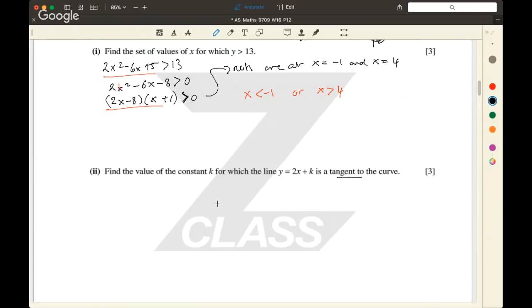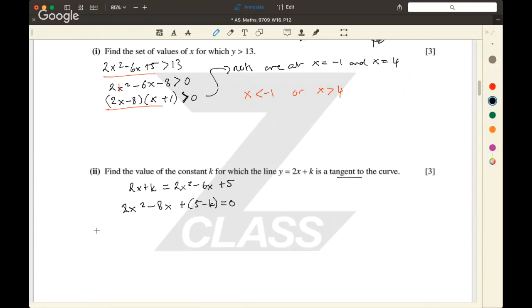So how do we solve for the crossings of two curves? Well, we set them equal to each other. So we have 2x plus k is equal to 2x squared minus 6x plus 5. And if we just rearrange this into a normal-looking quadratic, we get that 2x squared minus 8x plus 5 minus k is equal to 0.